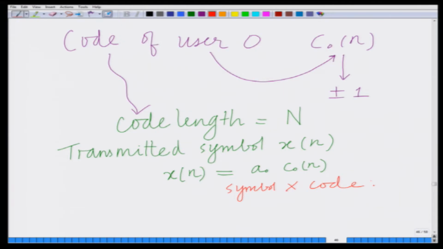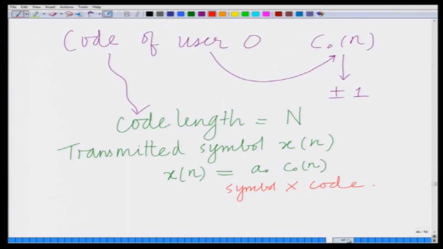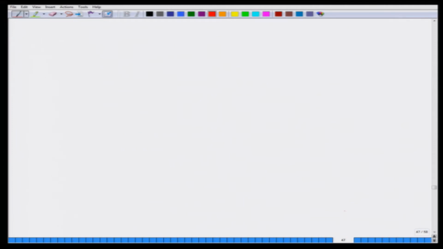In a CDMA system, we said that the transmitted symbol is the symbol of the user multiplied by the code. So, we are generating the transmitted symbol xn as the symbol A0 times the chip or the code, that is C0 of n.